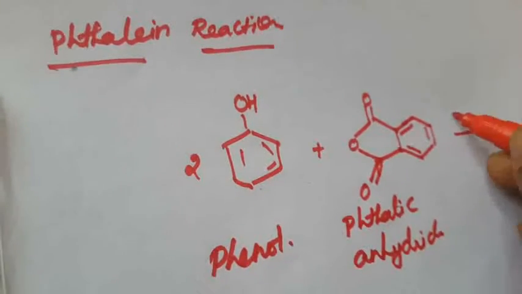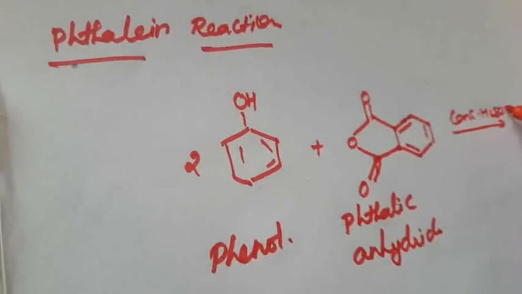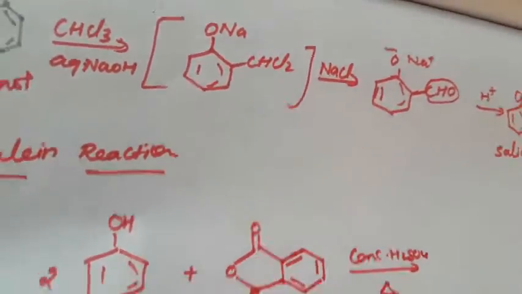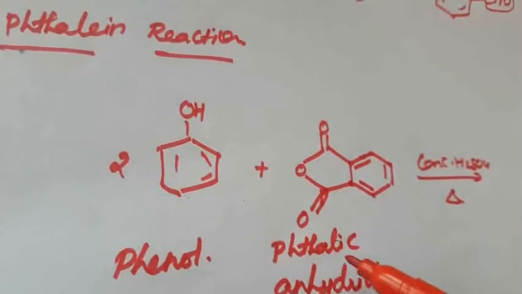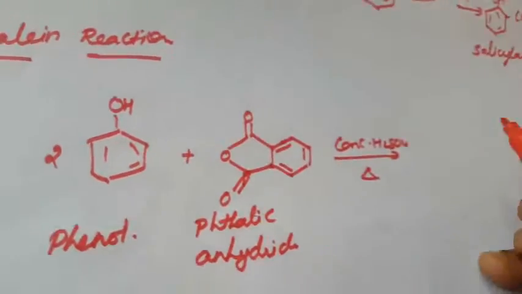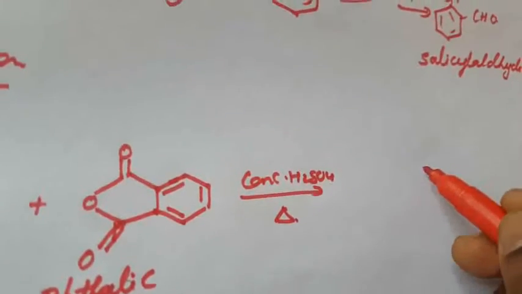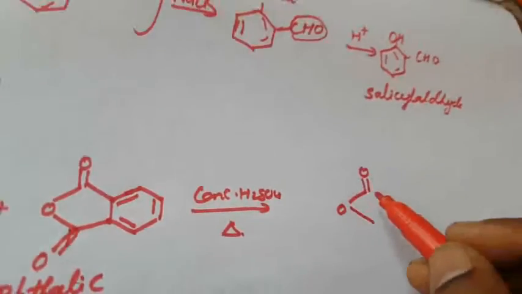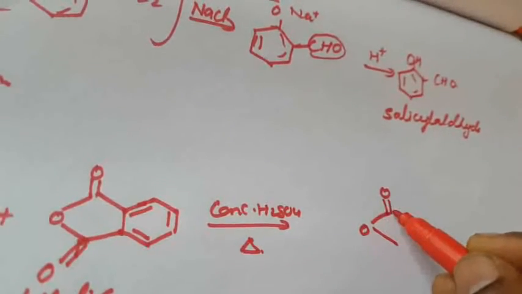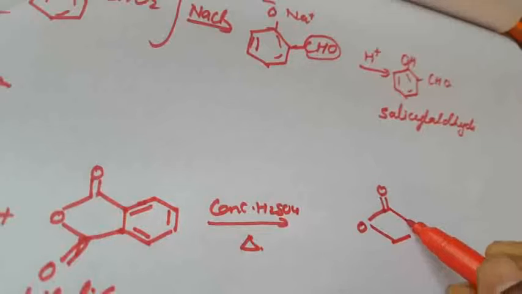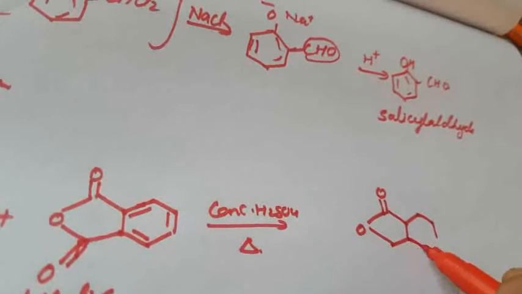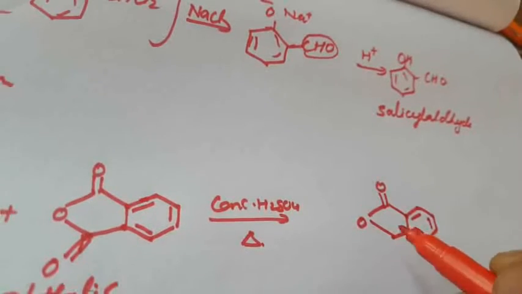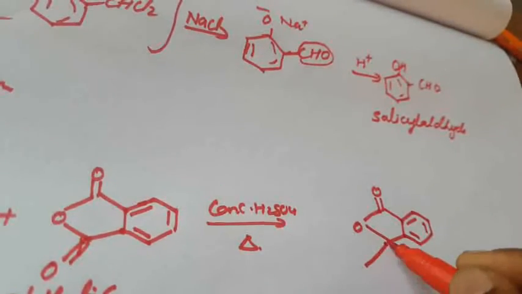when reacted with concentrated sulfuric acid and heated, what will happen? So phenolphthalein. How to write it? At this double bond, 2 molecules of phenol will be linked. Okay, remaining all the structures will be the same. First you write, so here that is oxygen, here a double bond is there. Then first you draw the structure. This is the structure. Then here 2 phenol compounds, right?